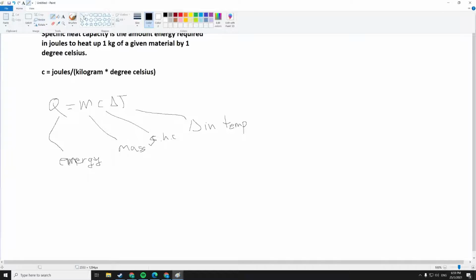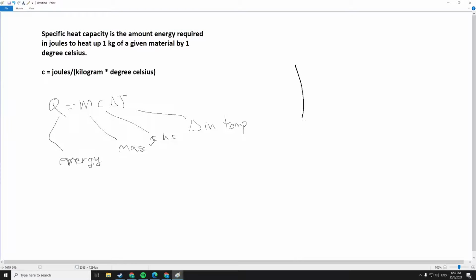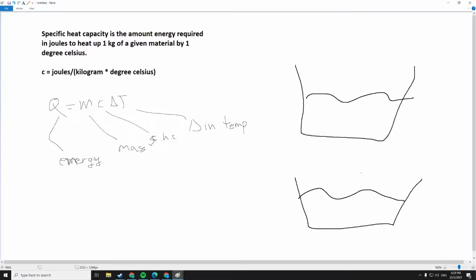So if I have, let's say, let's go back to the pot of water again, right? If I have this one, and then if I have this oil here, we have water, we have a certain amount of energy, some amount of kilojoules coming into some amount of grams, or the other way around, doesn't really matter.